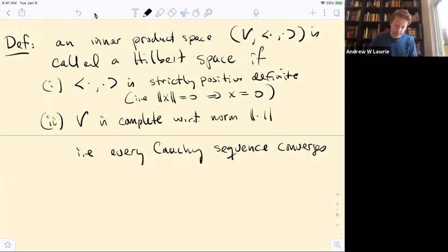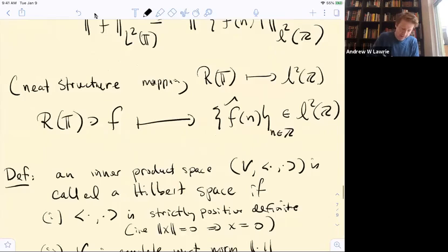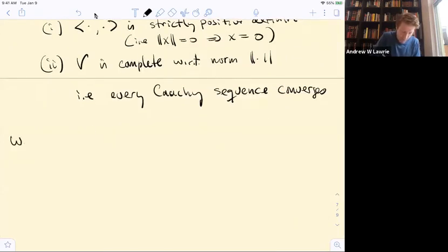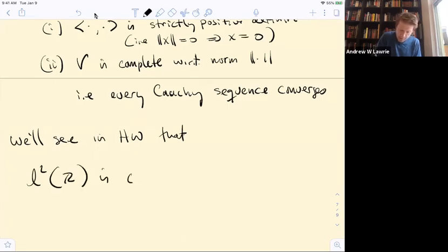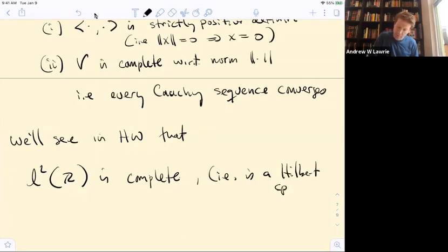All right. And then we'll see in homework, I'm pretty sure I assigned this problem, that L2(Z) is complete. It is a Hilbert space, so any Cauchy sequence of sequences is convergent.